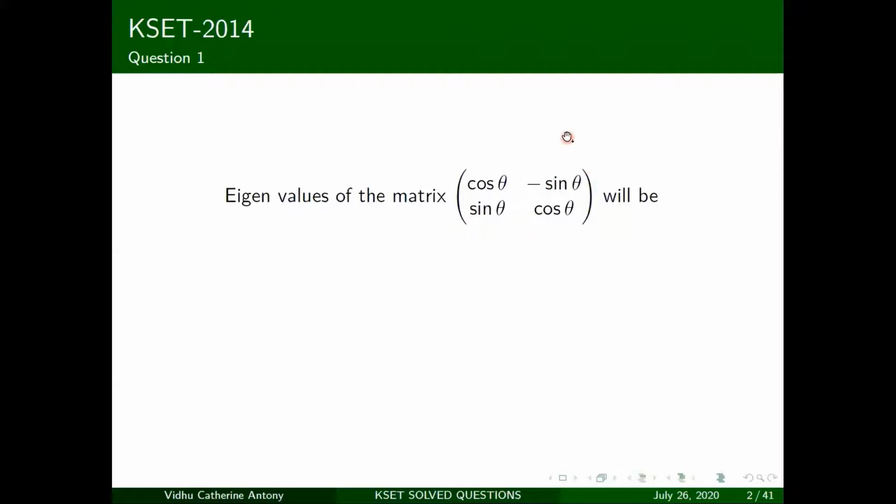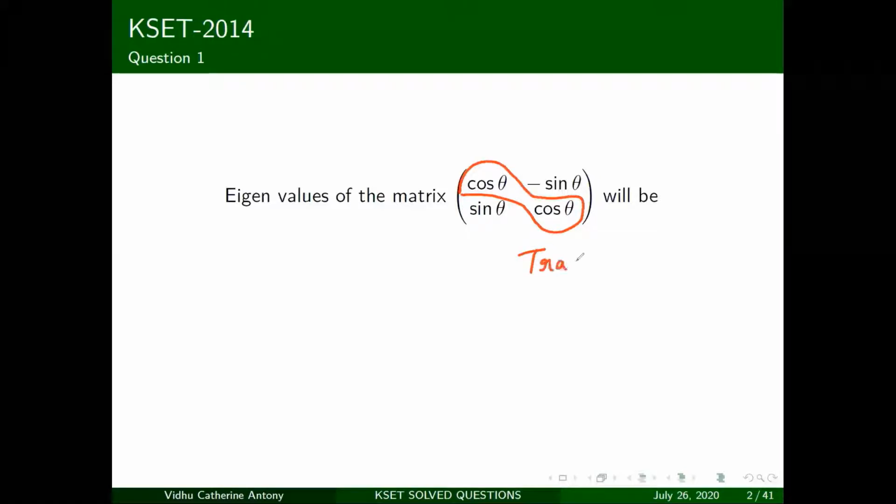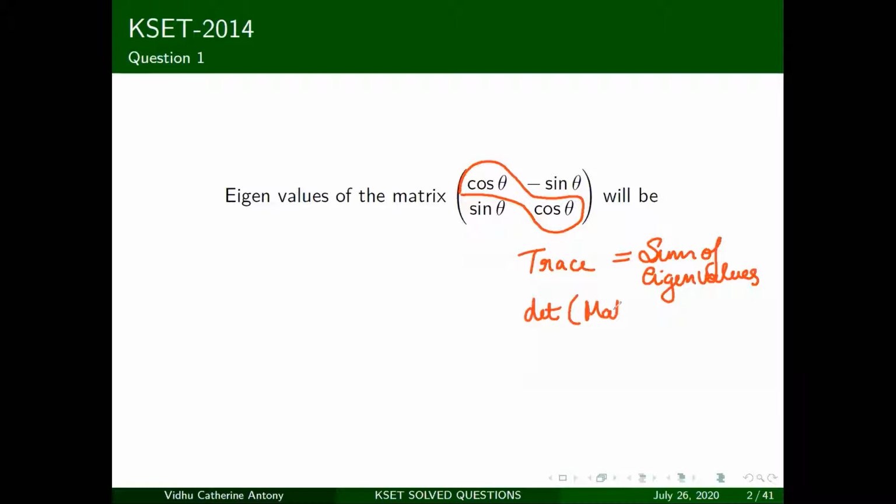The two tricks that are there for you are: when you take the trace, you basically get the sum of the eigenvalues. Trace is equal to the sum of eigenvalues. And the determinant of your matrix is equal to the product of the eigenvalues.